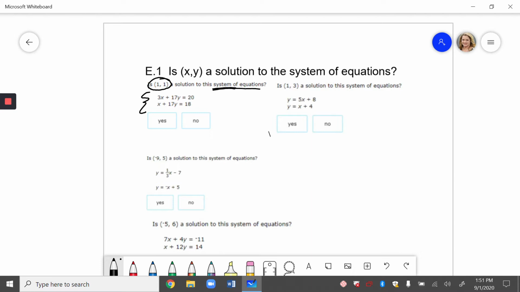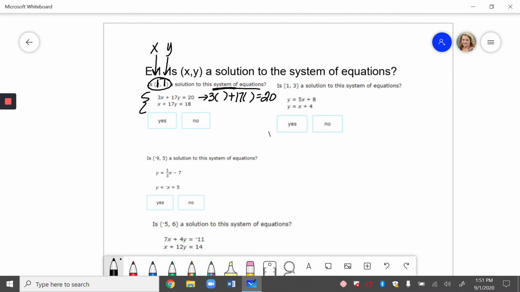So if it's asking for is 1 a solution, what you're going to do, this one is your X and this one is your Y, and you're going to plug them in to see if they make a true statement. You're going to plug them into X and you're going to plug them into Y. So right here, we have 3x plus 17y equals 20.